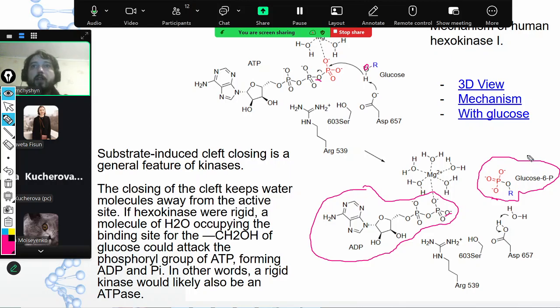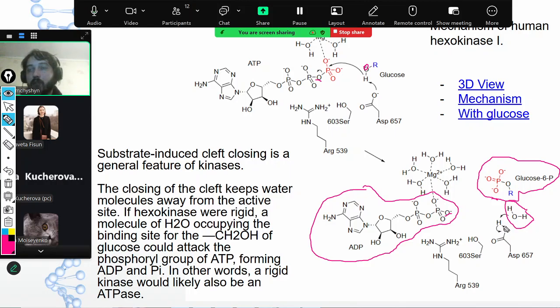The only thing left is that we should regenerate the initial state of the enzyme. So how do we do that? We have plenty of water all over the place, and this water can abstract this hydrogen. So here we see this hydrogen abstracted, and this water is transformed into H3O+.